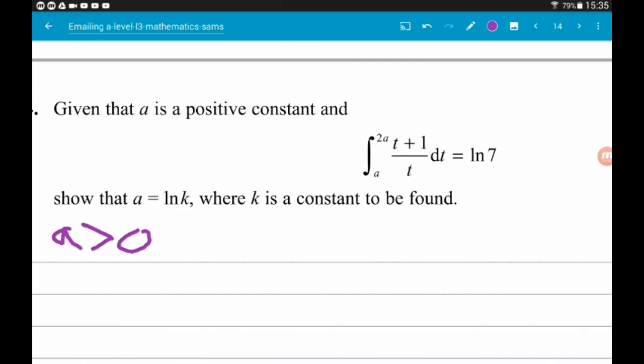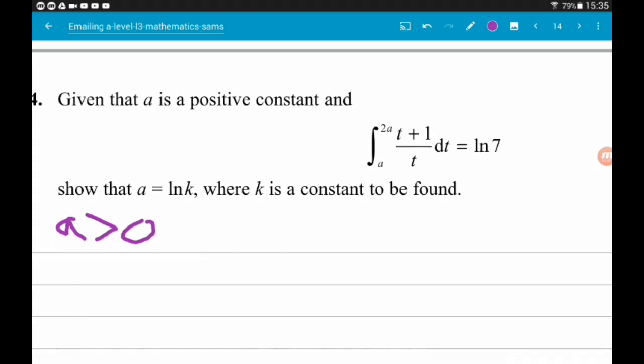Okay, so basically we want to find this integral, see what we get, set that equal to log 7 and solve for a. First of all though, we need to split (t plus 1) over t into two separate terms.